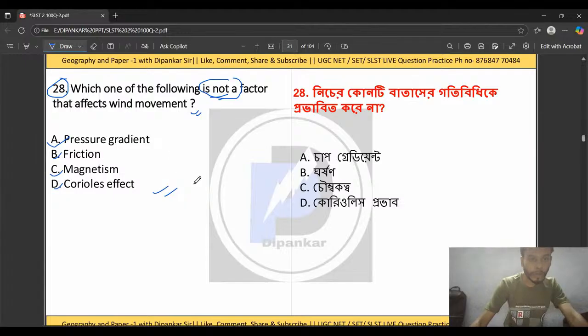Answer question number 28. Which factor does not affect wind movement? Pressure gradient, friction, magnetism and Coriolis effect. Which one of the following is not a factor that affects the wind movement?